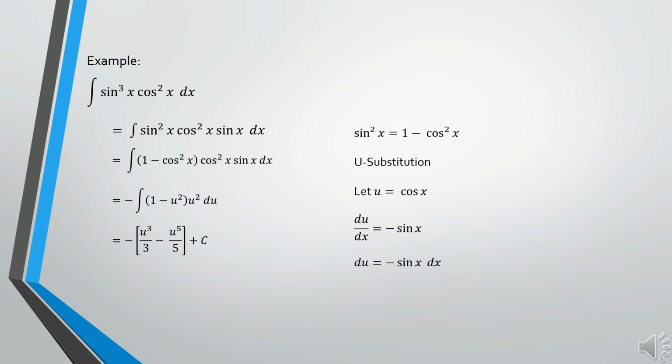Then we substitute back cos x. The final answer will be negative cos to the power of 3x over 3 minus cos to the power of 5x over 5 plus c.